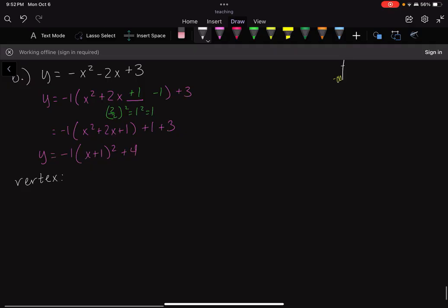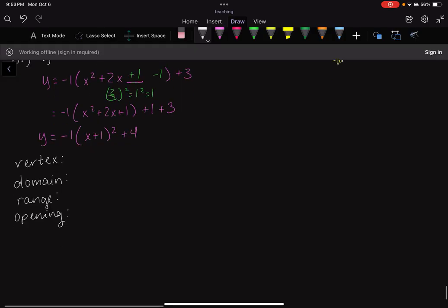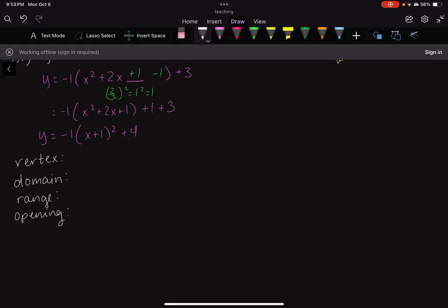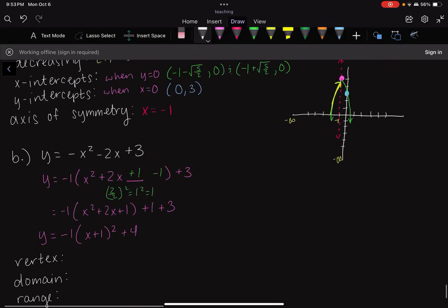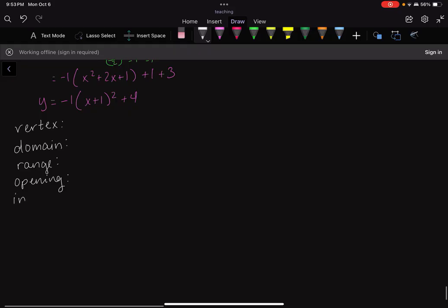So I'm going to do vertex, domain, range, how is it opening, what else did I look for? I'm already forgetting. Increasing, decreasing.